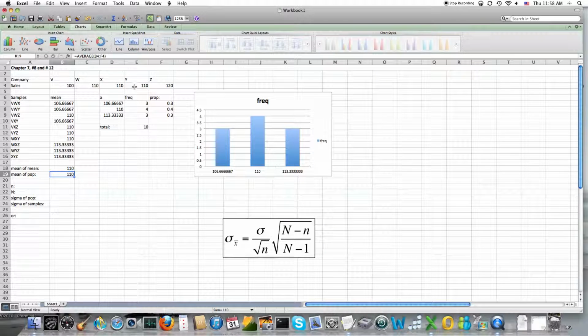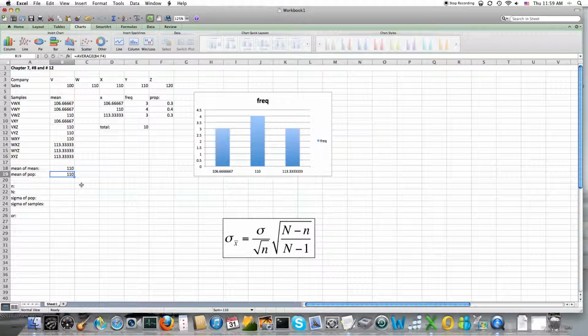And that's a little different. In the original population, most things are 110, but you can get as high as 120 or as low as 100. In the sampling distribution, you're centered at 110, but you can get only as low as 106.6 and only as high as 113.3. So this is less spread out than the original.